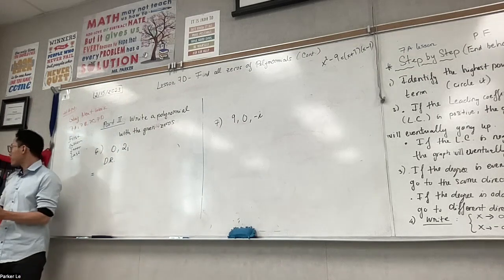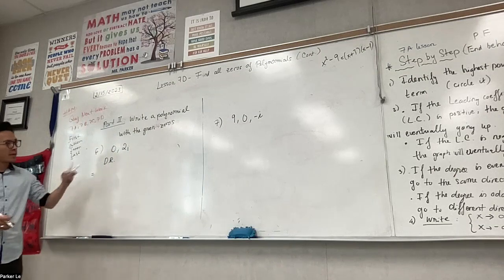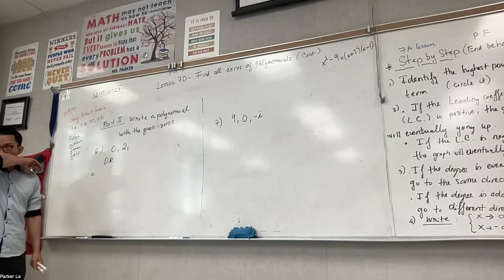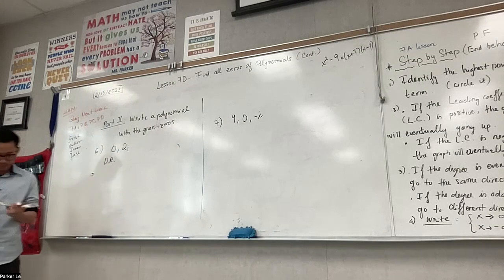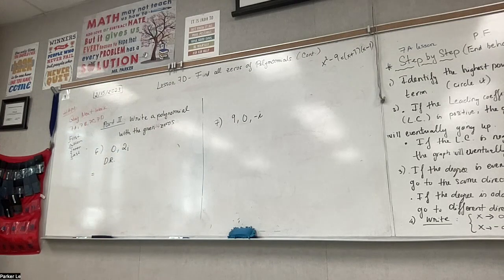I think we can finish on time. Zero is the solution. How do you write it when 0 is the solution?